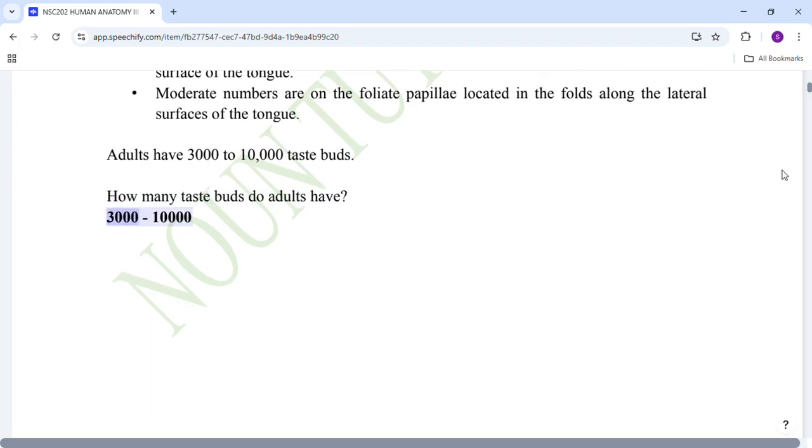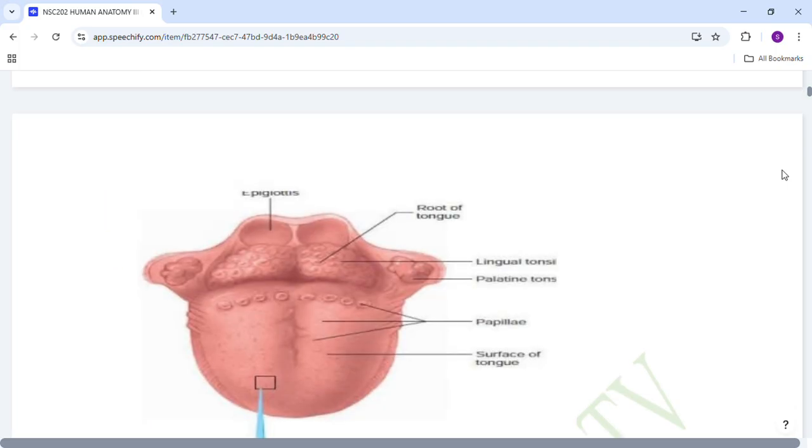Each of the taste buds on a person's tongue consists of 3 major types of specialized epithelial cells.